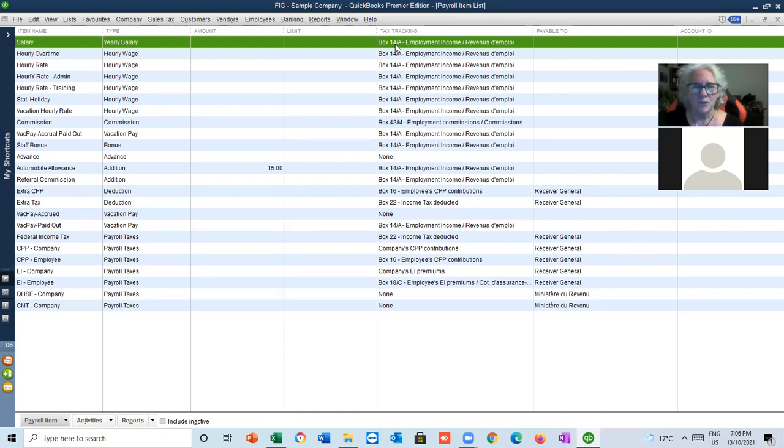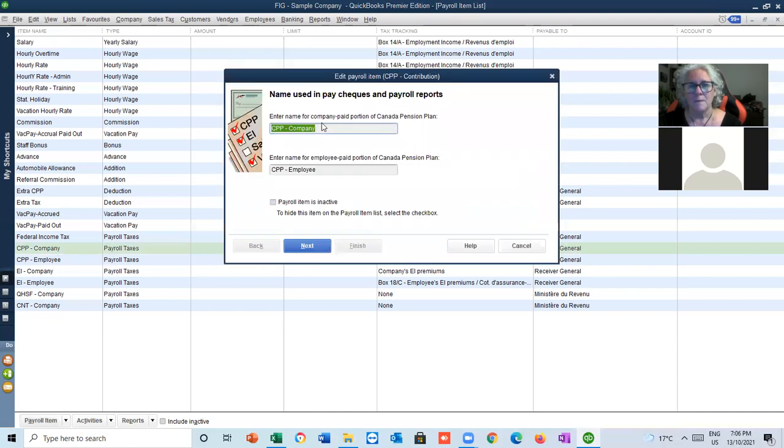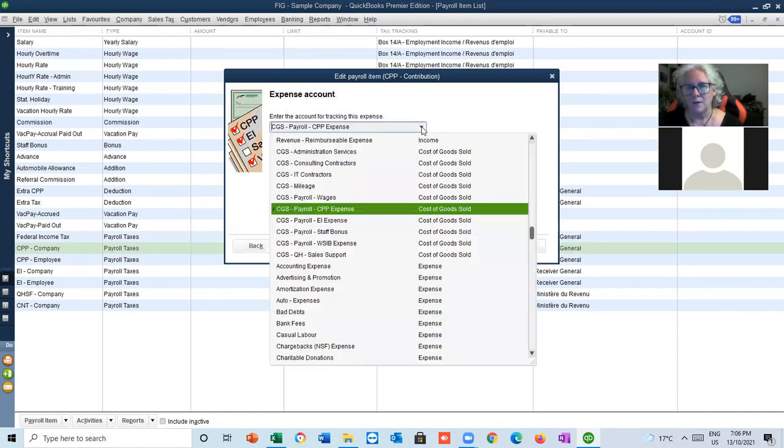If I come in here and I've got my company CPP, I can click on this and there's the name. The offset will be the employee. But what I'm doing here is, all my deductions are going to go to payroll liabilities. Then when I come over to my expense account, I can pick the right expense account.